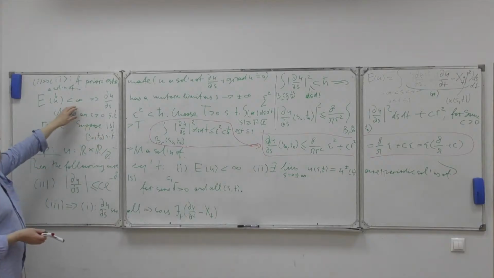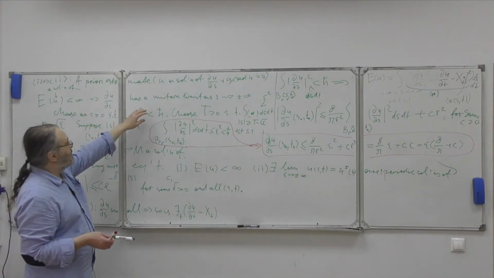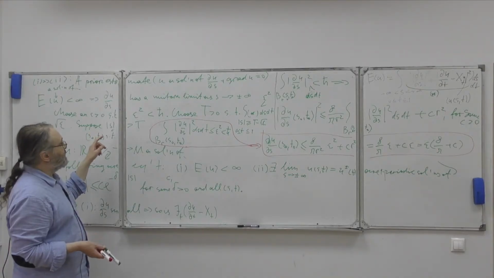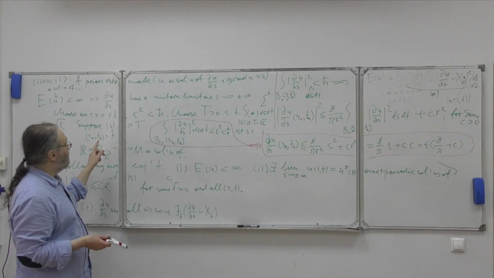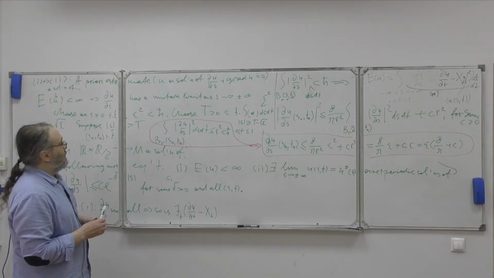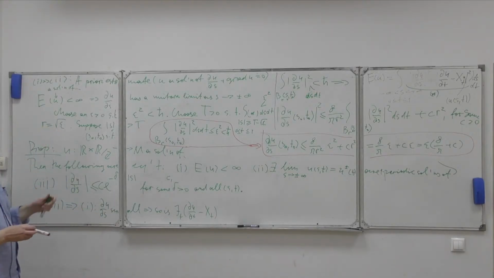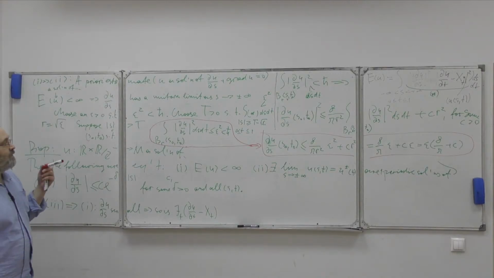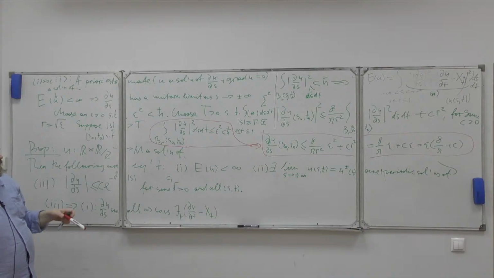So the claim we're making is the following thing. As t goes to plus or minus infinity, as s goes to plus or minus infinity, the derivative of u with respect to s tends to 0, uniformly in t.